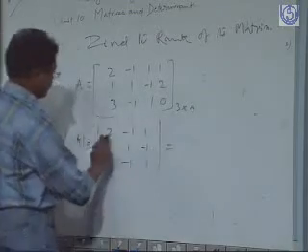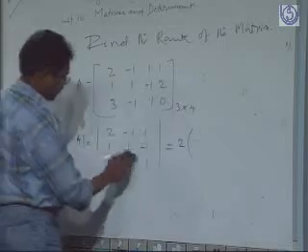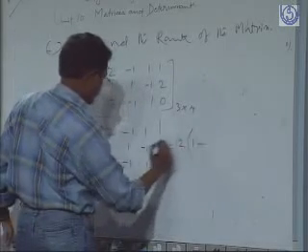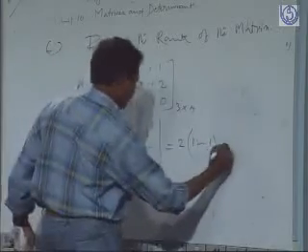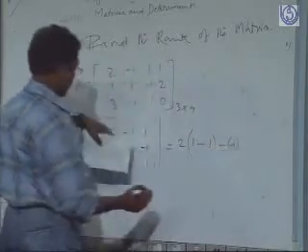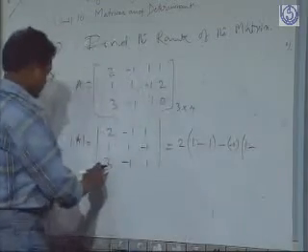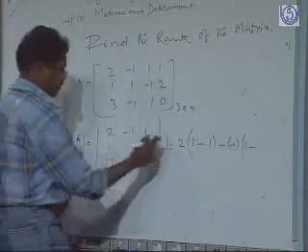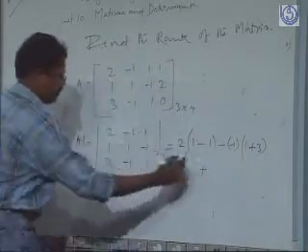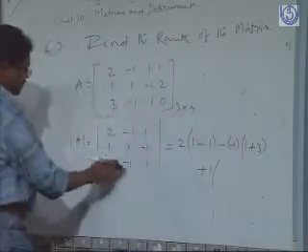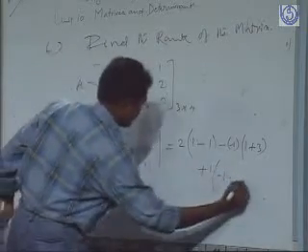So how much are we getting? 2 into this row, 1 minus of minus 1, this is minus 1, this goes, then minus of minus plus, plus 3 again plus this 1, that is 1 ones are minus 1 minus of 3.